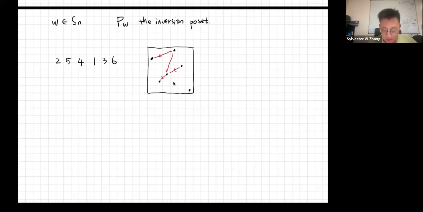Okay, so this is your inversion poset. Basically, every increasing subsequence is going to correspond to a chain, which means that I'm not doing it correctly. In what I am drawing, the decreasing subsequences correspond to chains.